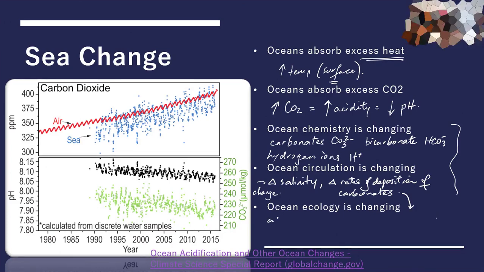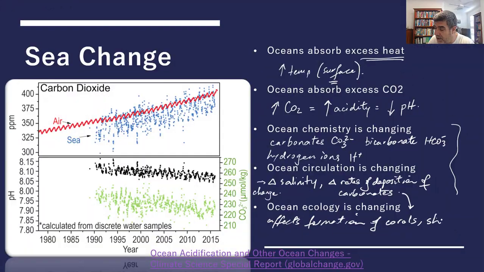So this affects the formation of things like corals and organisms with shells, and these can be macro and microorganisms. So it can include macro, like snails and oysters, and micro, like foraminifera. And we looked at forams a little bit earlier in this particular unit.